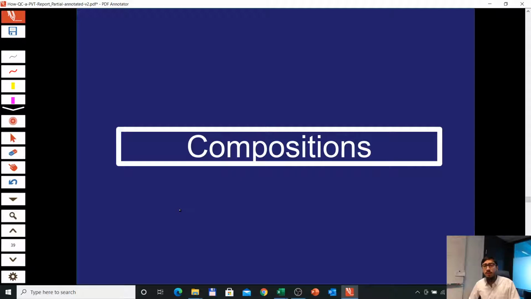When you do EOS calculations for all the different experiments in a PVT report, there is one thing that's common that affects all the PVT calculations, and that's the composition you are inputting in your PVT package. So it's very important that we QC the compositions.